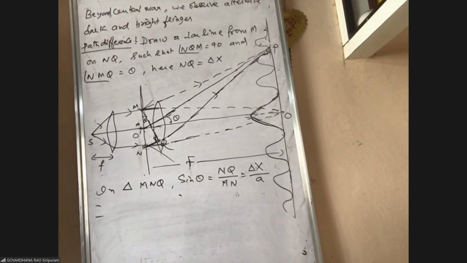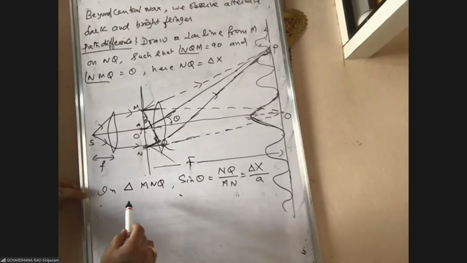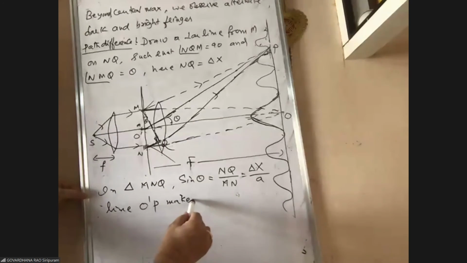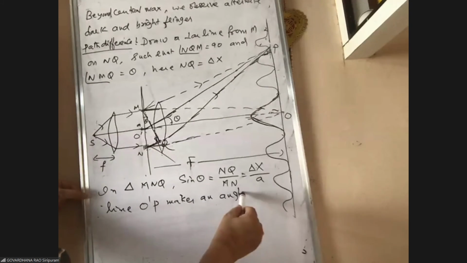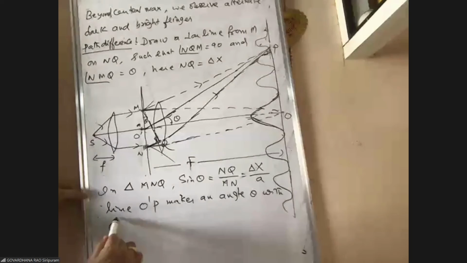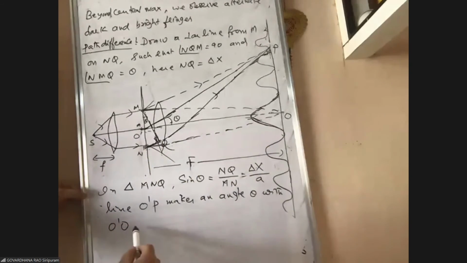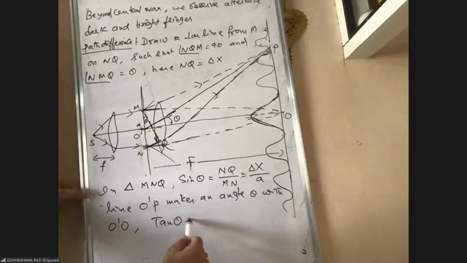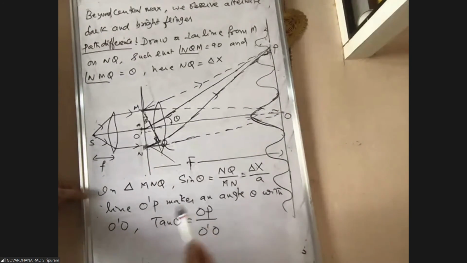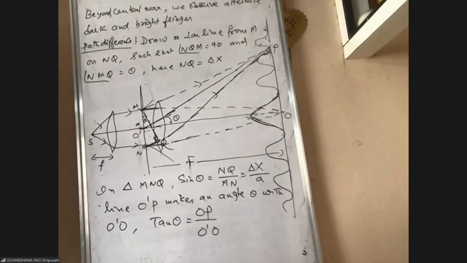The line O dash P makes an angle theta with O dash O, thereby tan theta is the opposite side OP by O dash O.